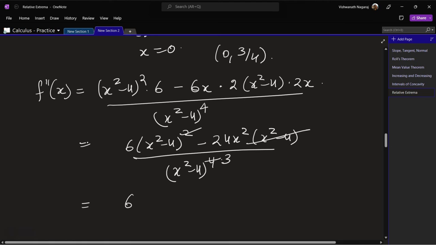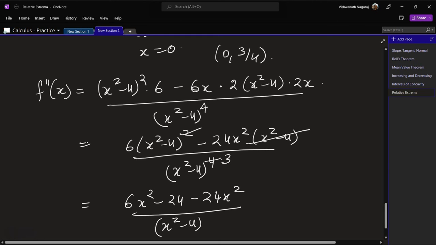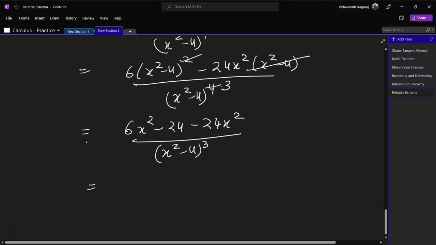So we are left with 6x square minus 24x square by x square minus 4 cube. And this would give us minus 18x square minus 24 divided by x square minus 4 cube.